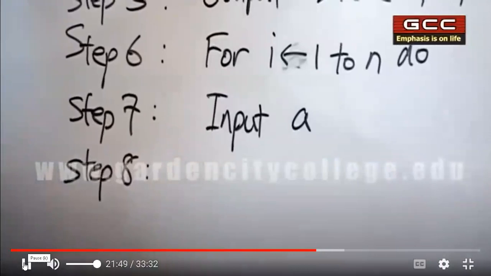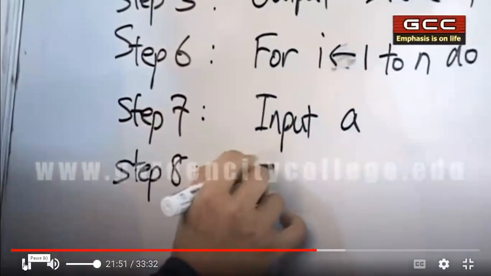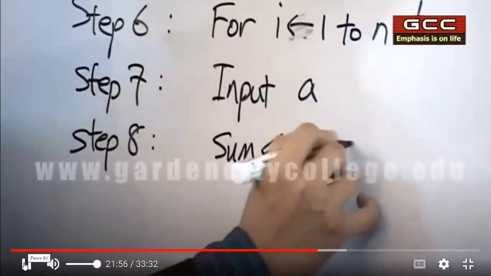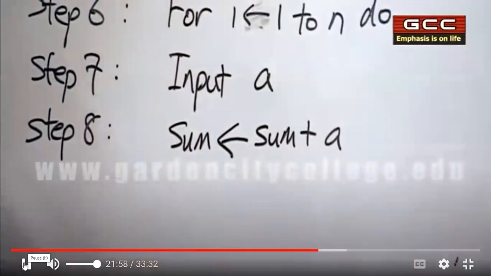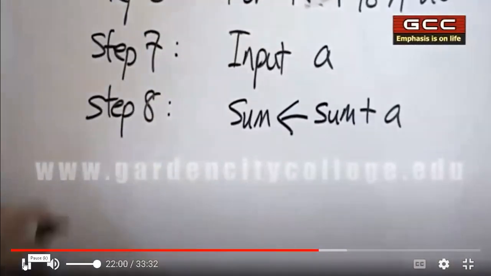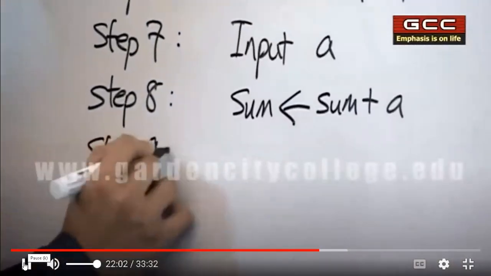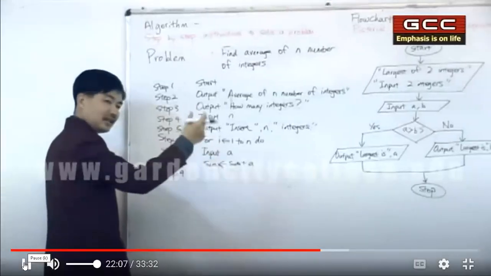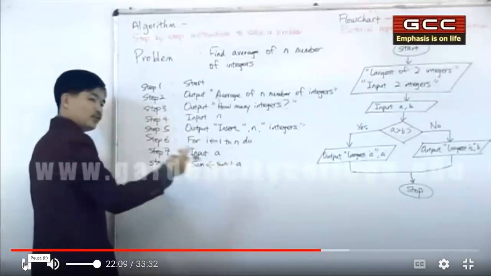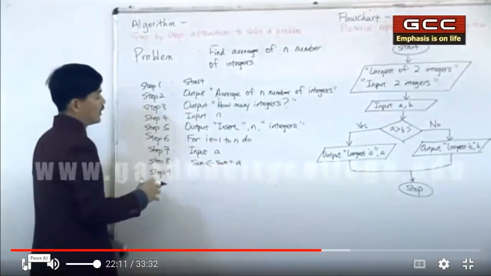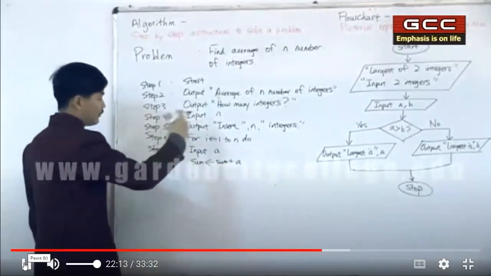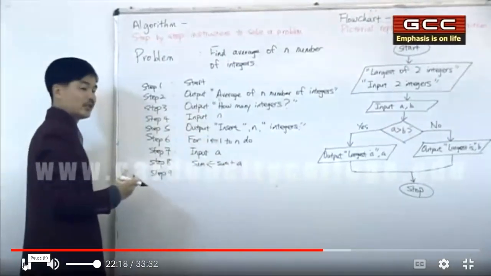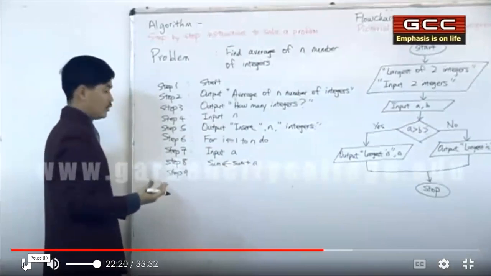What we do over here is that we have to make sum equals to sum plus A. And then step 9. So after we have done this, every time you get a number, you add it to the sum so that we can get the overall. After you have finished doing this, how do we know that we have finished? There are ways we can do this.